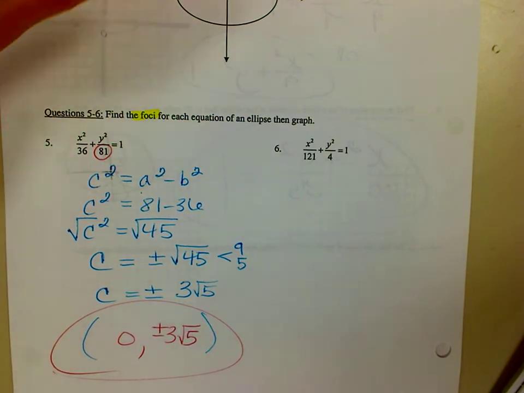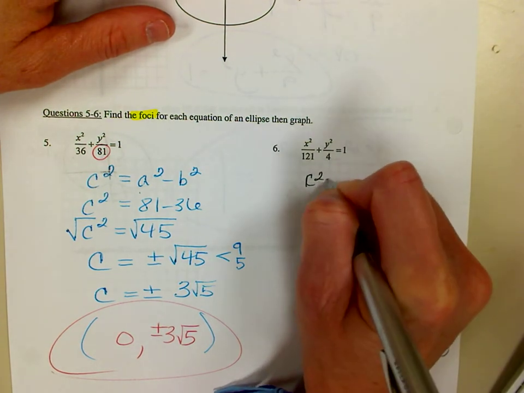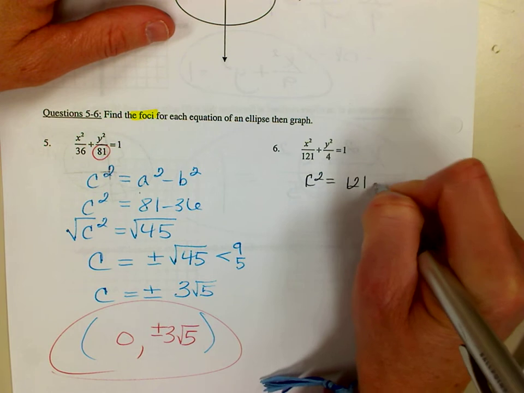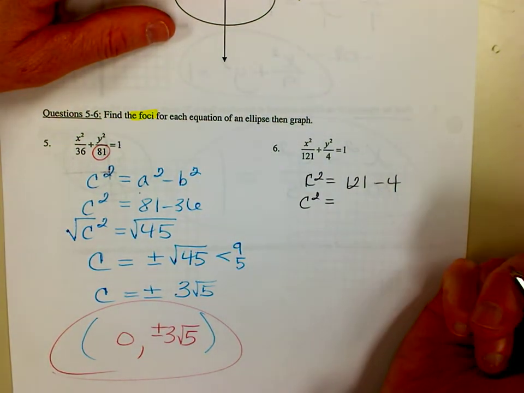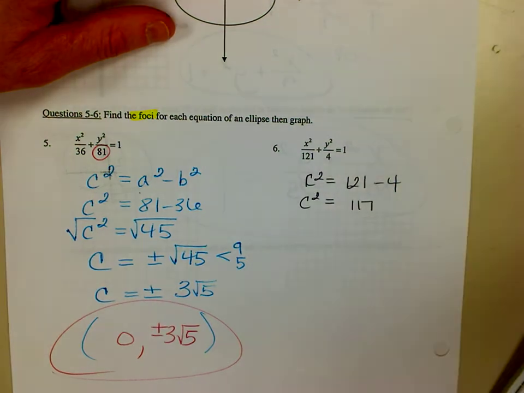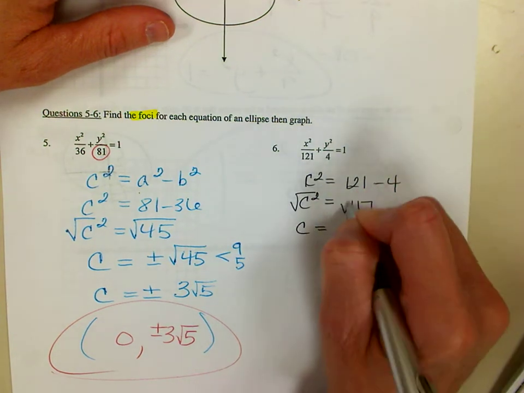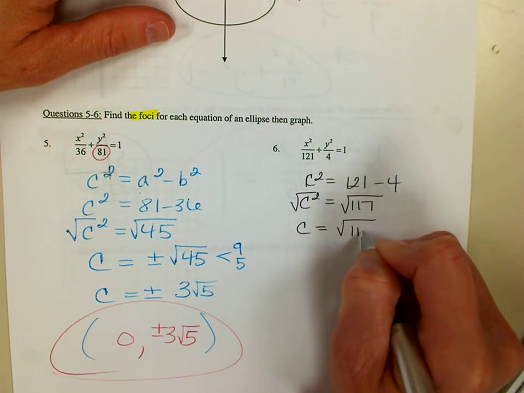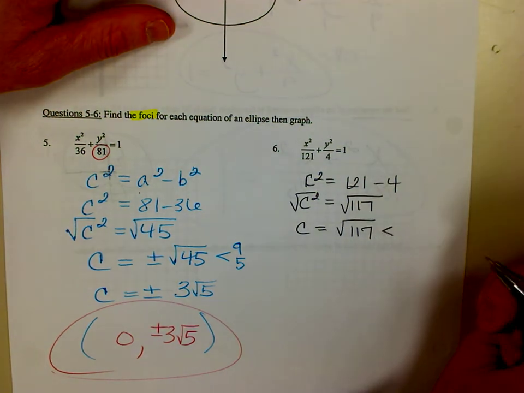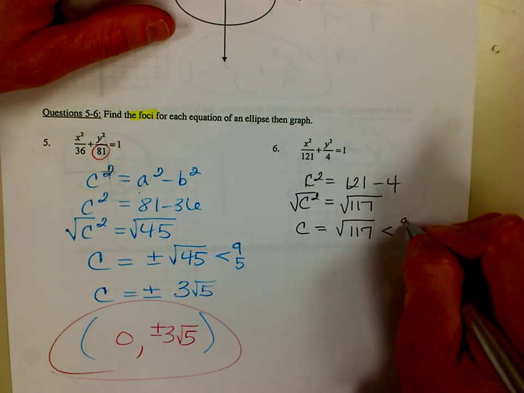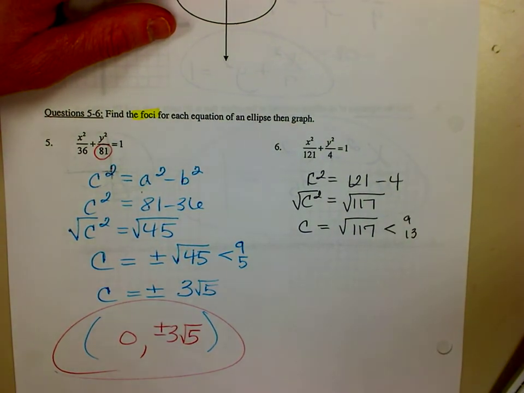Okay, let's do the next one. So I'm going to take a squared minus b squared. Now I gotta know what just c is. And I think I can simplify that actually. That's gonna simplify to 9 times 13, I believe. Yeah.